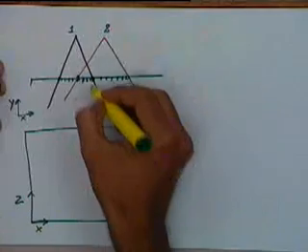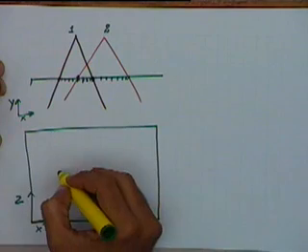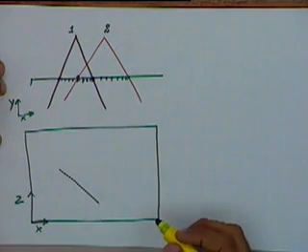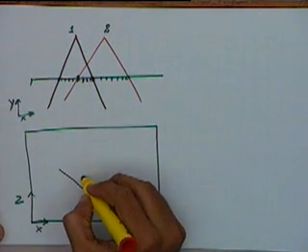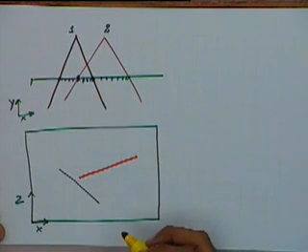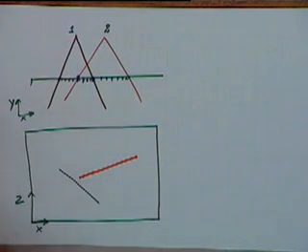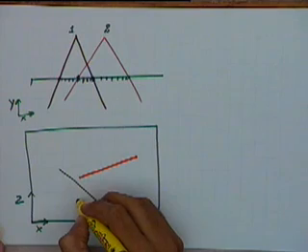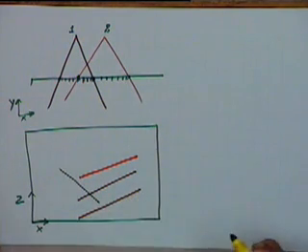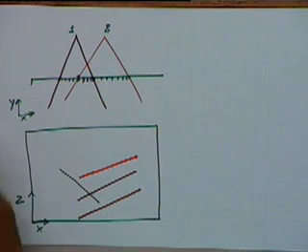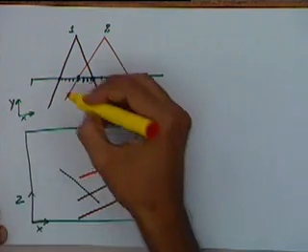So if I consider this polygon number 1, maybe it will intersect something like this, and polygon number 2, it can intersect either like this, or maybe it can intersect like this, or it can intersect like this. Okay, we will consider all the 3 cases.